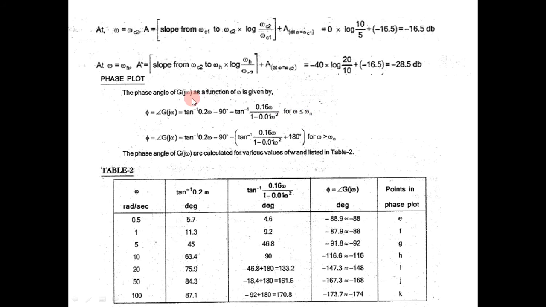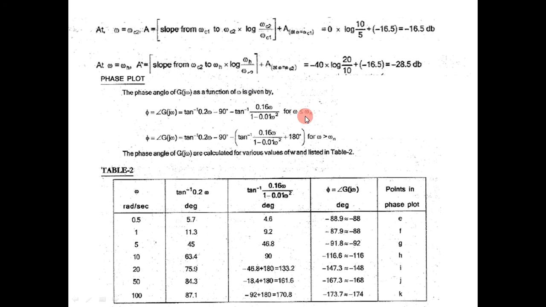For these values of omega, the tan theta lies in the first quadrant, but where omega is greater than omega n, the phase lies in the second quadrant. That is the reason we are adding the phase correction of 180 degrees to this last term.